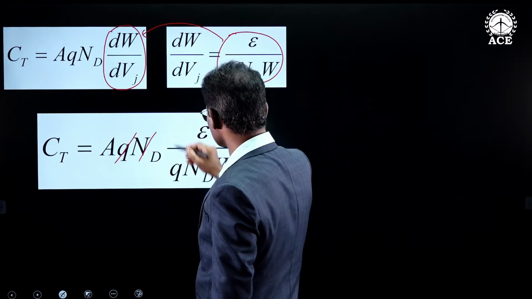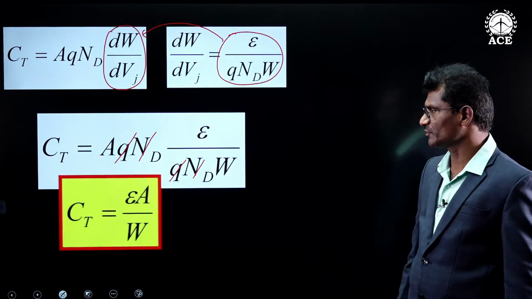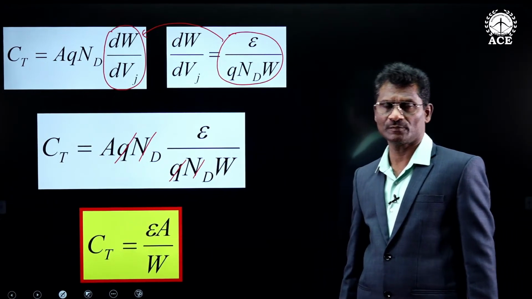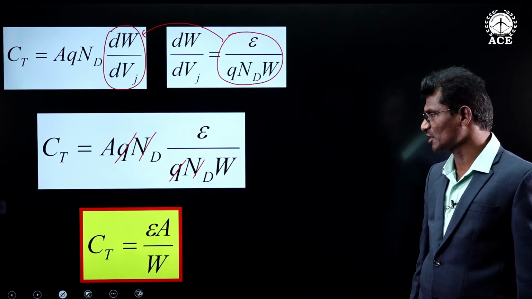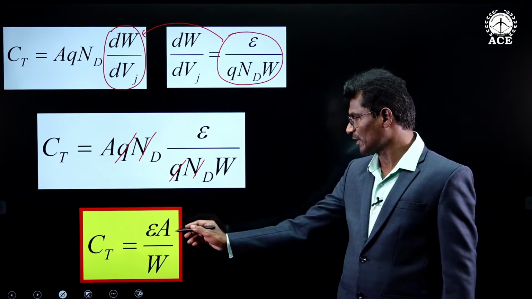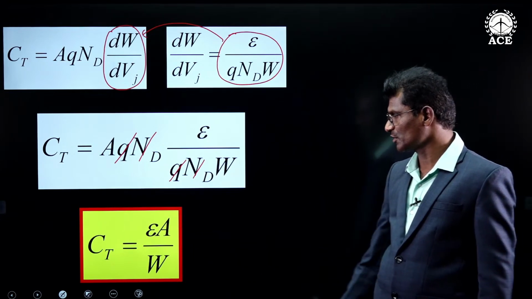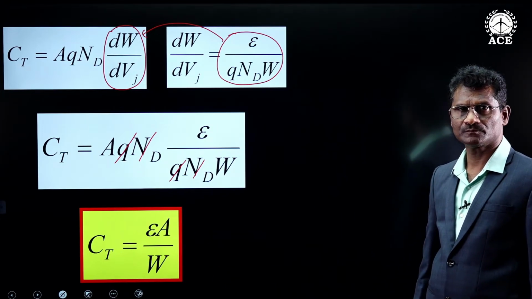Cancel out the common terms. Then we are left with Ct equal to epsilon A by W. So this is the final equation for transition capacitance, where epsilon is permittivity, A is area of cross section, and W is width of depletion region.